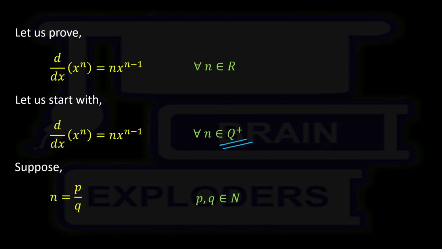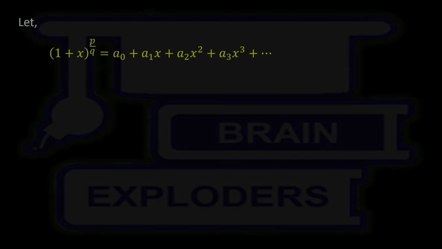So let us suppose that n is equal to p by q, because all rational numbers can be written in the form of p by q, and since we are taking positive rational numbers, let us assume that p and q belong to natural numbers. Okay, now put p by q in place of n, and raise both sides to the power q.